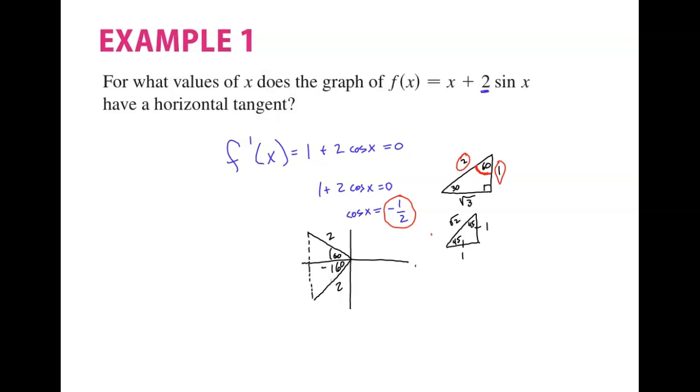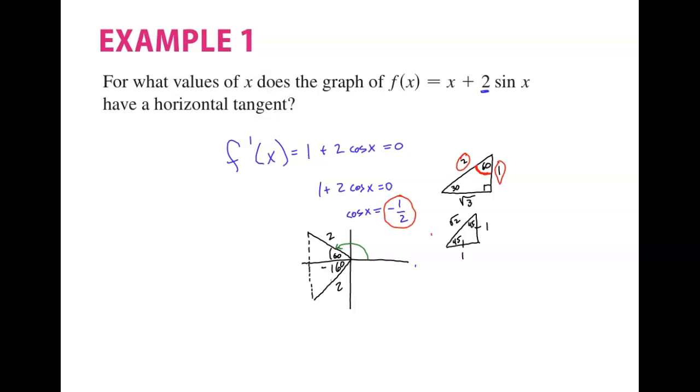So we need to know what these true angles are. Their reference angles are 60. So what is this angle from here to there? 120. Good. But guess what? This is calculus. We deal in radians.